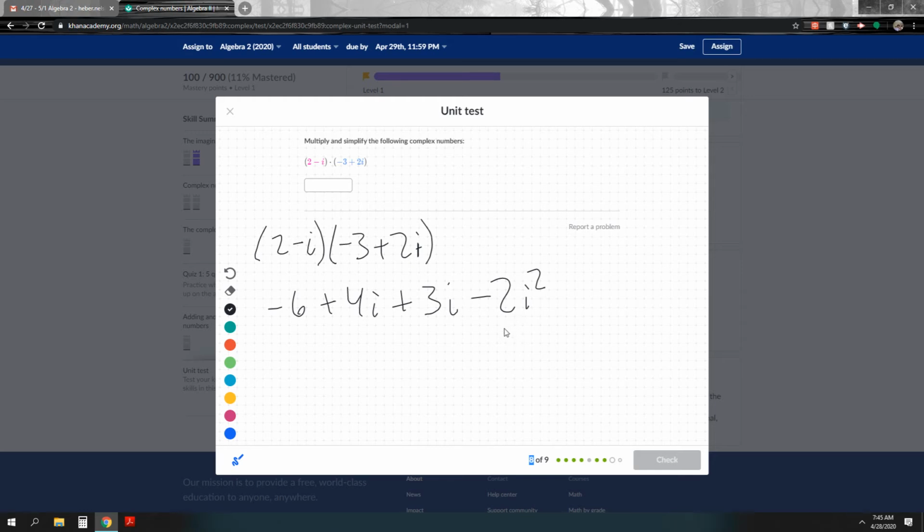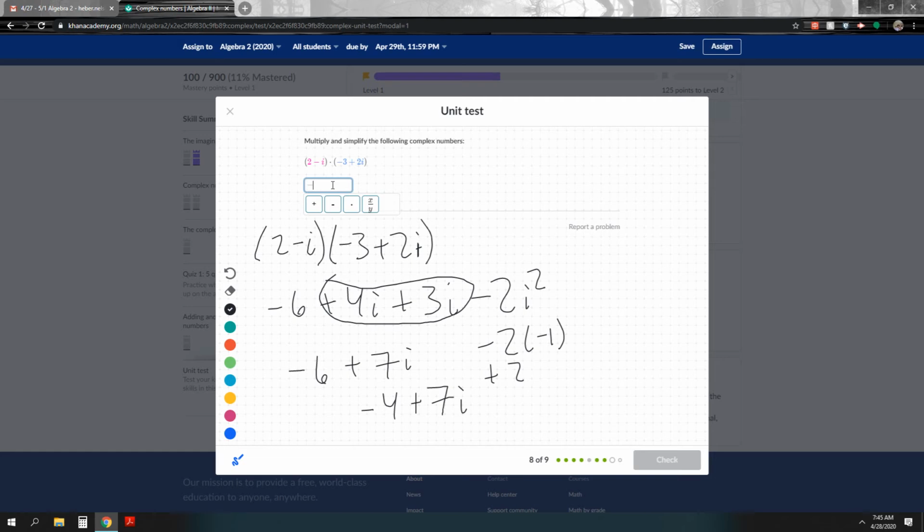That's just -2 times -1, which is really just plus 2. 4i plus 3i is 7i. So we have -6 plus 7i plus 2. -6 plus 2 is -4. So we're getting -4 plus 7i. That wasn't too bad.